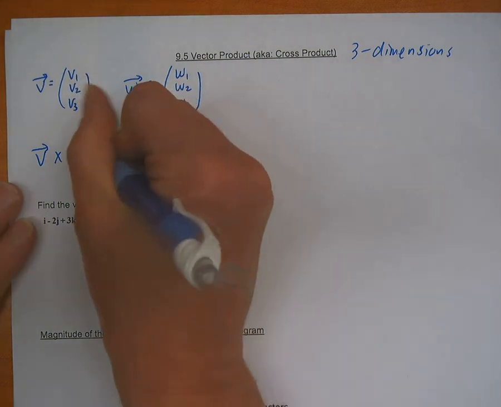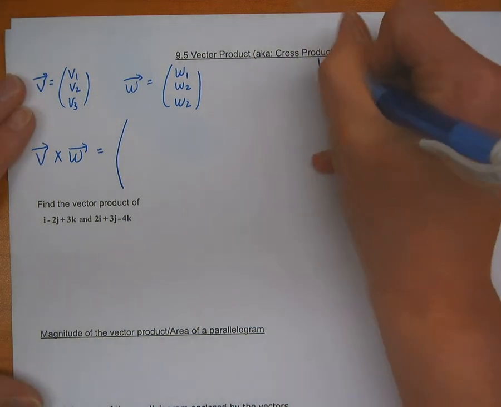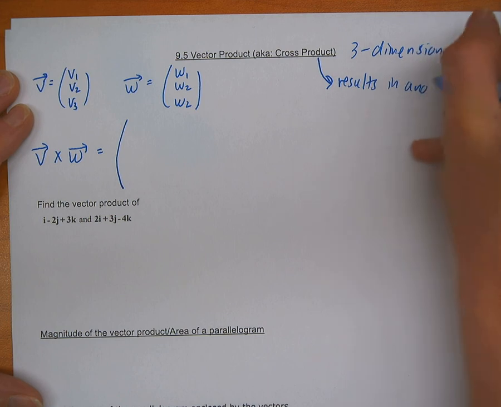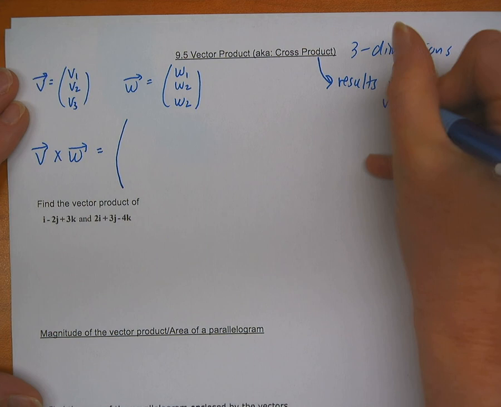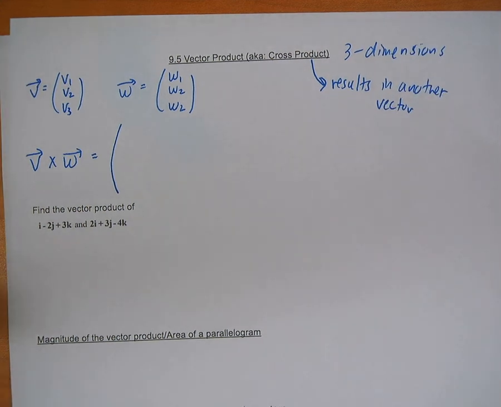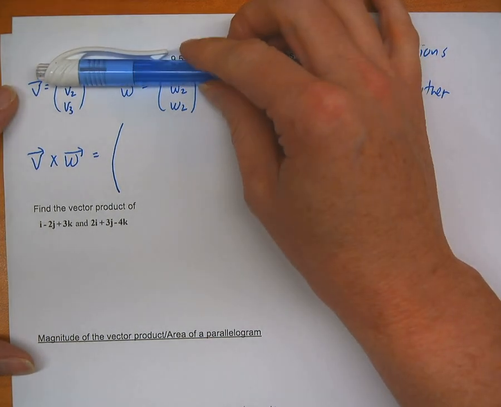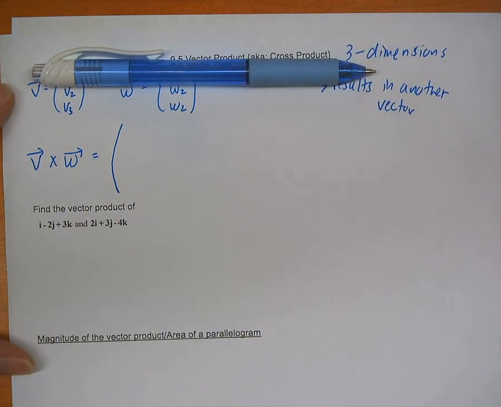So here's how we compute a cross product. The cross product of 2 vectors results in another vector. So when we multiply 2 vectors together in this way, the answer we get is a vector. For the x component of the vector, we ignore row number 1, if we think of v1 and w1 as being row number 1.